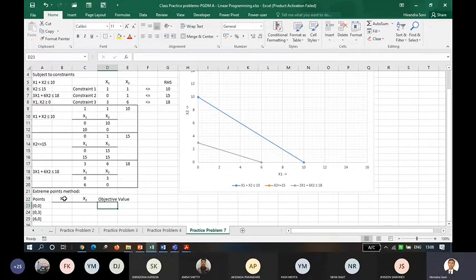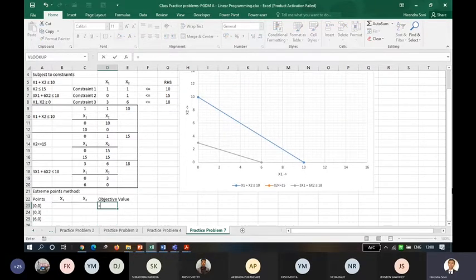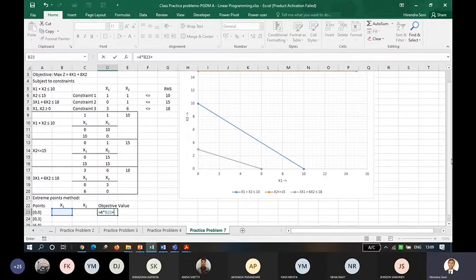Fine. How do we calculate the objective value? Using the objective function 4x1 plus 8x2. So it would be equal to 4 into the value of x1 plus, what was your objective function, 8 into the value of x2.